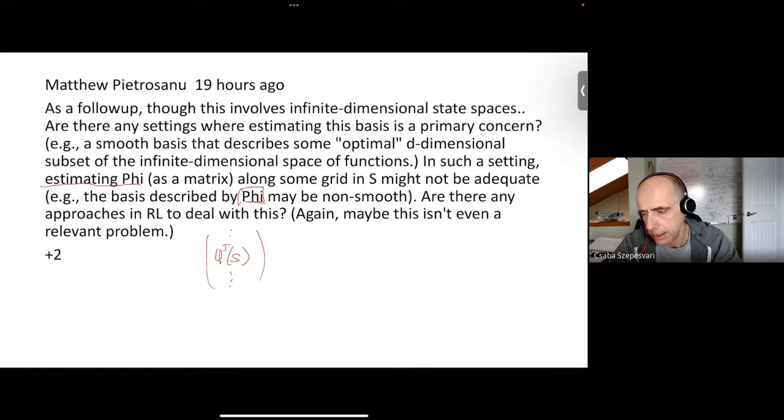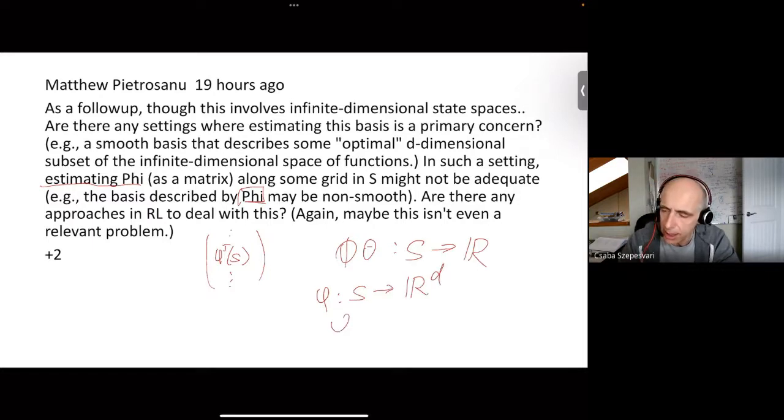Yeah, and this made me wonder why I write this phi. I like to write phi because then you can just write phi theta, and that's a function from states to reals. If phi itself was a function from S to R^D, and I write phi transpose theta, or I would write the inner product of phi and theta, then this could also be viewed as a map from states to the reals.